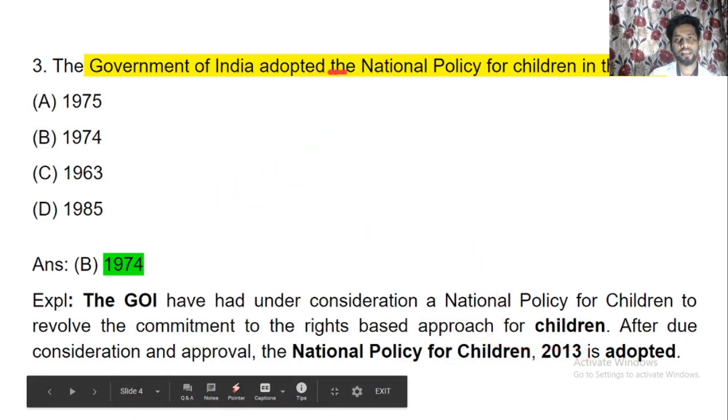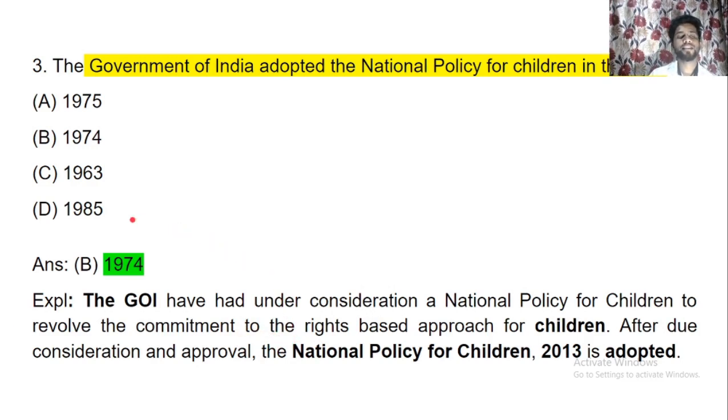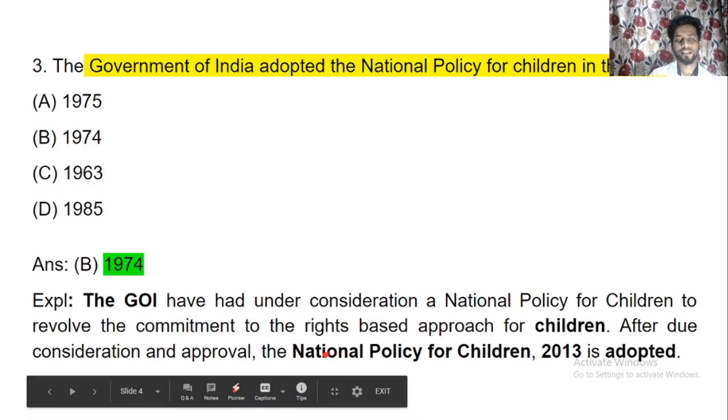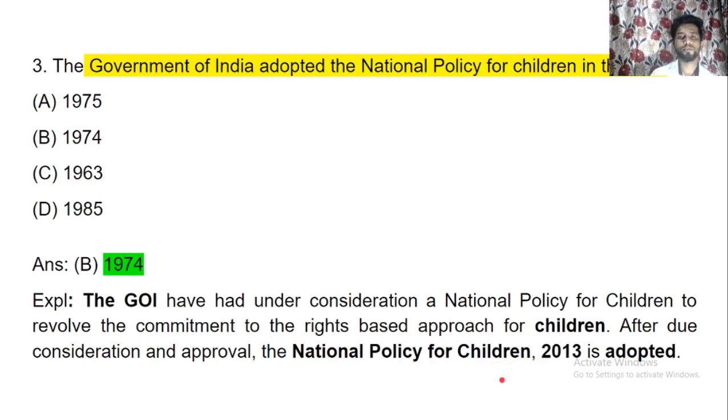So if this question is asked in recent time, your answer will be 2013. It was amended and considered after approval. So here your answer is 1974, but in the recent case the National Policy for Children 2013 is adopted.